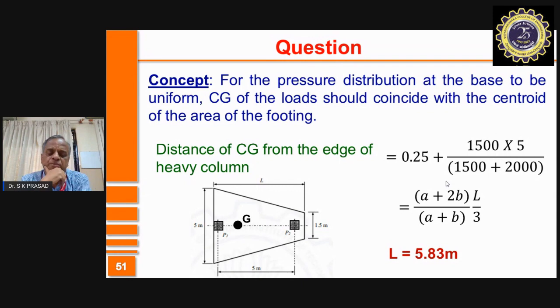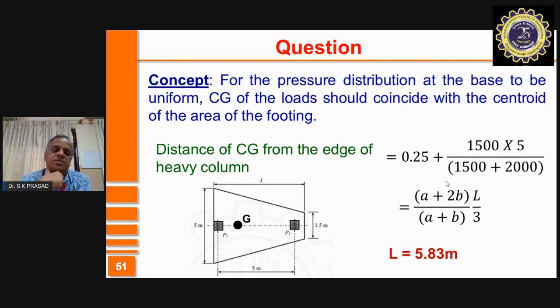Therefore, from the edge of the footing, the distance of the CG is fixed by the formula which I have given here. So the formula is 0.25, the width of the column, and then 1500 into 5 by 3500.